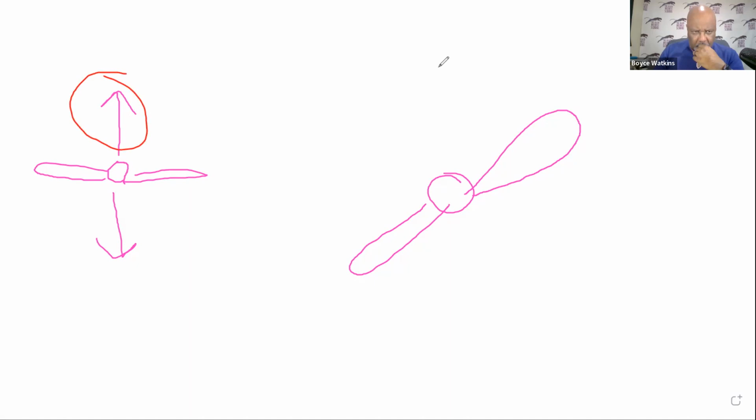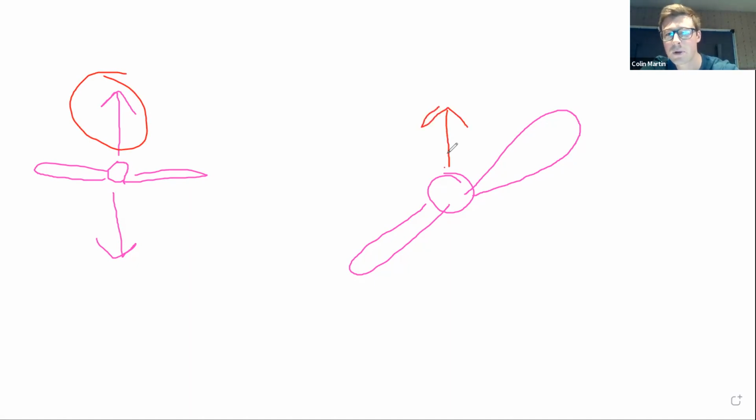We'll have some lift pointed upwards, but we're also going to have a horizontal component of lift. In actuality, because our plane's angled, it'll be more like this. But to simplify it, we have a horizontal component of lift that actually helps us turn.